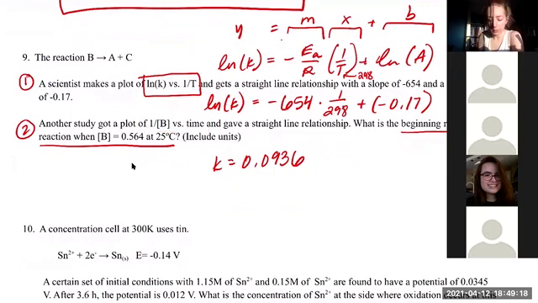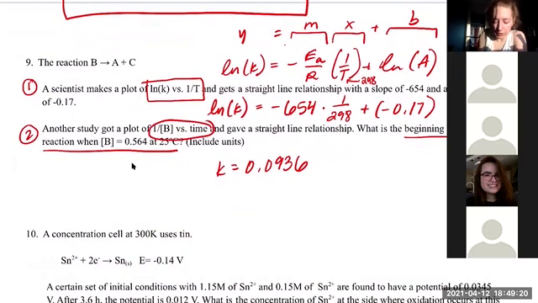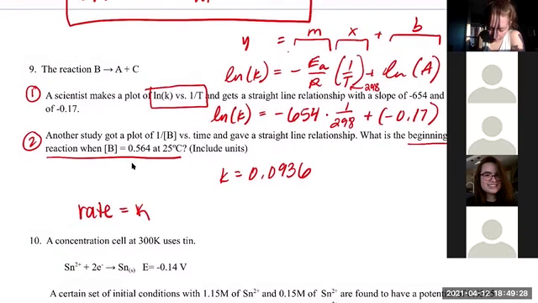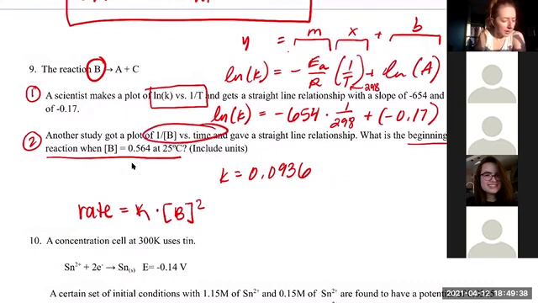The purpose of giving you this information is just to tell you that this is second order. So we're going to be dealing with rate equals K times B to the second power. B is our only reactant, so that's how I know what the rate law is. And I know it's second order because that's the corresponding integrated rate law equation.